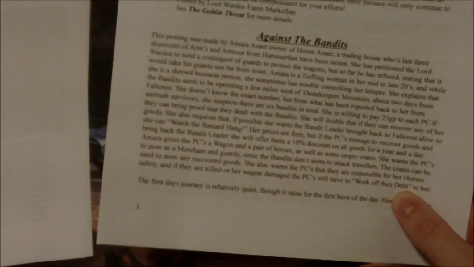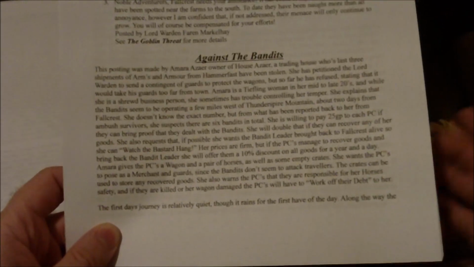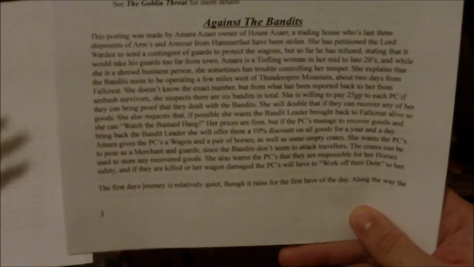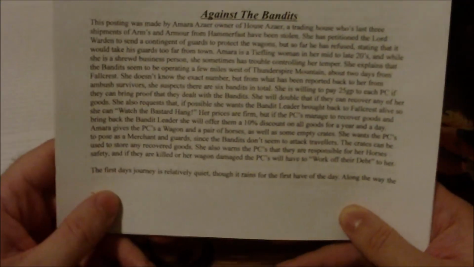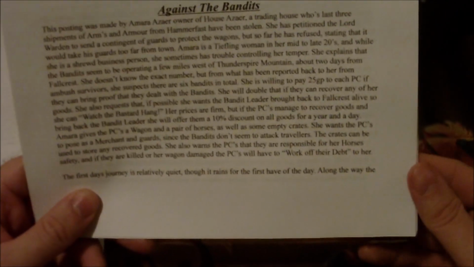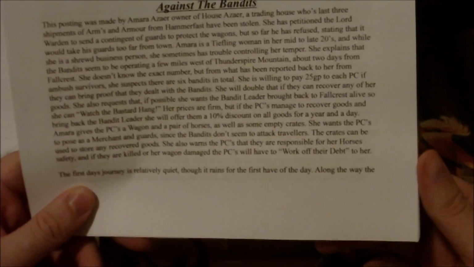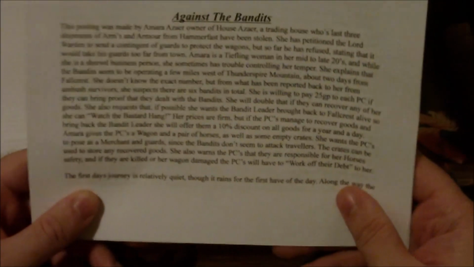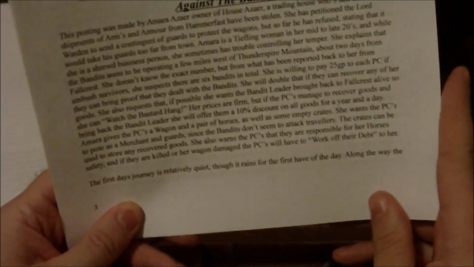If they're able to do that, they can earn an extra reward on top of what they would normally get. There's a possibility for them to get a discount at her store if they bring back the bandit leader, so that he can face justice in town, so that everyone can see, or more to the point, so that she can see. Just things like that.